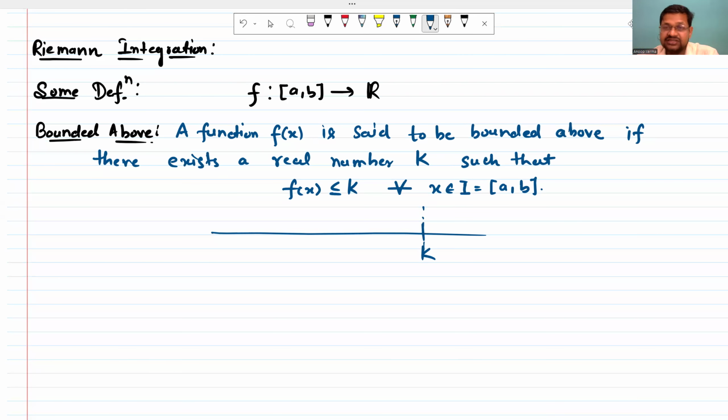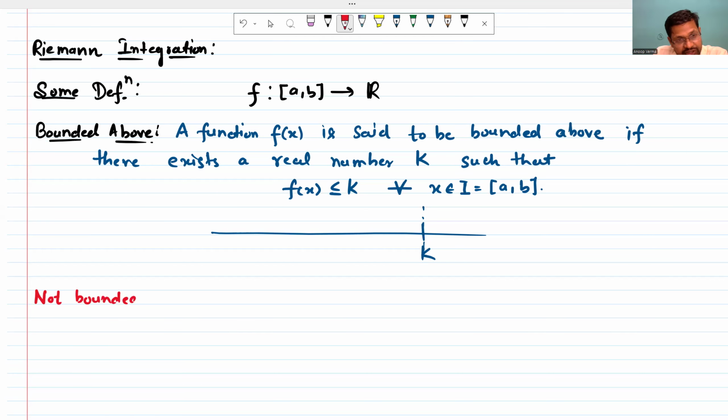But if there exists a real number, so that value of the function is always lesser or equal to that real number, तो उस फंक्शन को हम क्या बोलेंगे? बाउंडेड above.